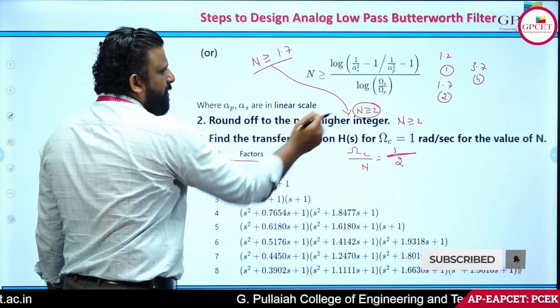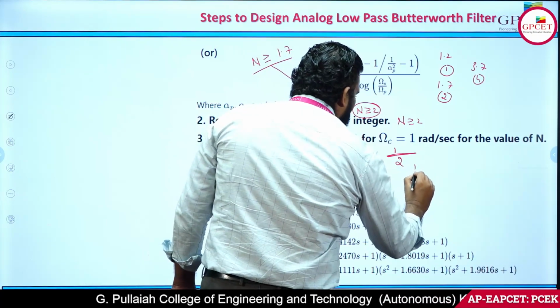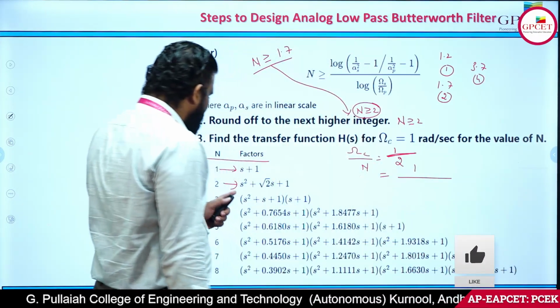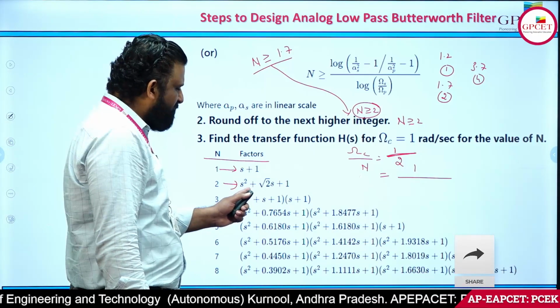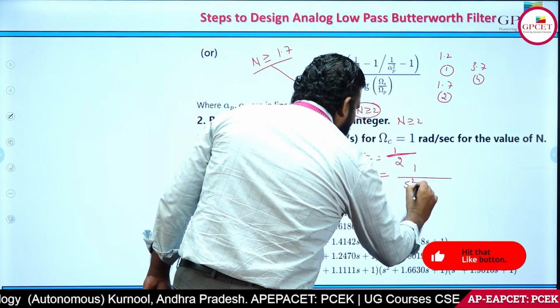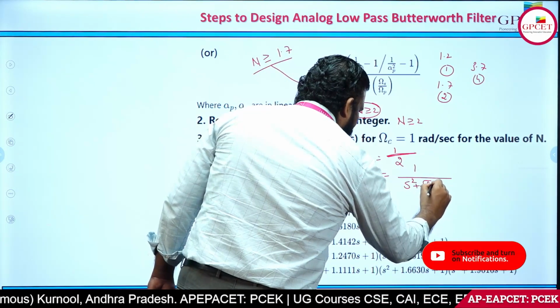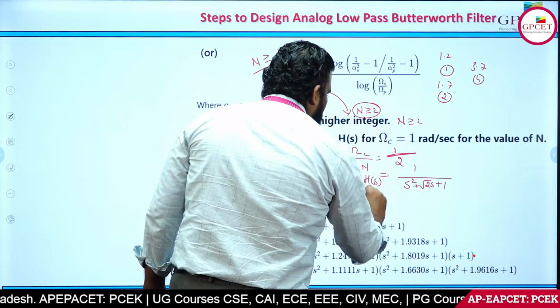For example, I got n equal to 2. Now I will write the transfer function 1 divided by the factor for n equal to 2, which is s square plus square root 2 s plus 1. So I am writing here s square plus square root 2 s plus 1. Now the transfer function is formed.